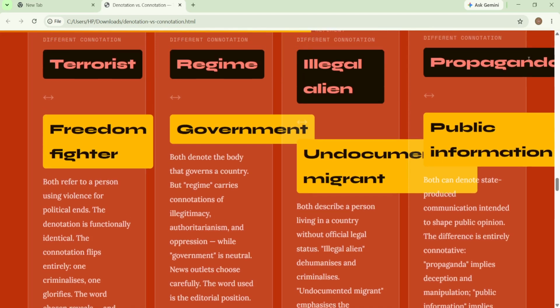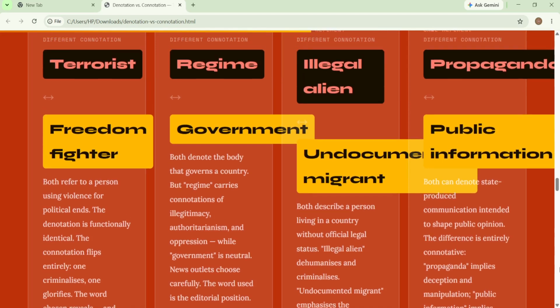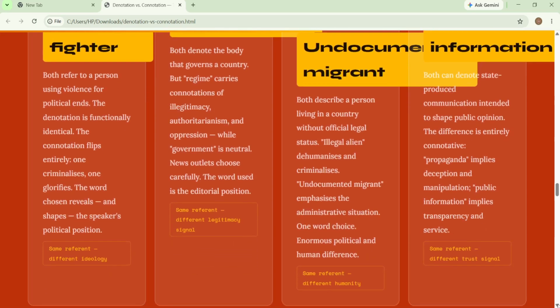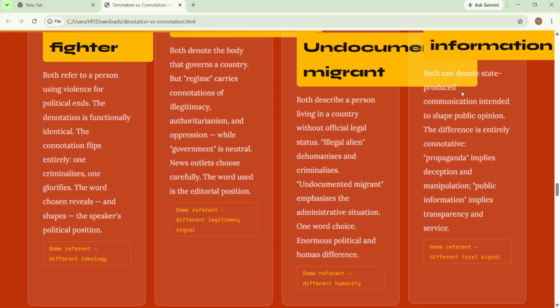Another one is propaganda and public information. So let's look at that. Both can denote state-produced communication intended to shape public opinion. The difference is entirely connotative: propaganda implies deception and manipulation, whereas public information implies transparency and service.